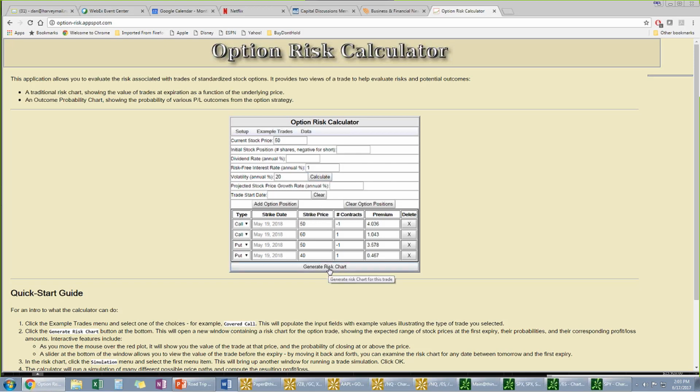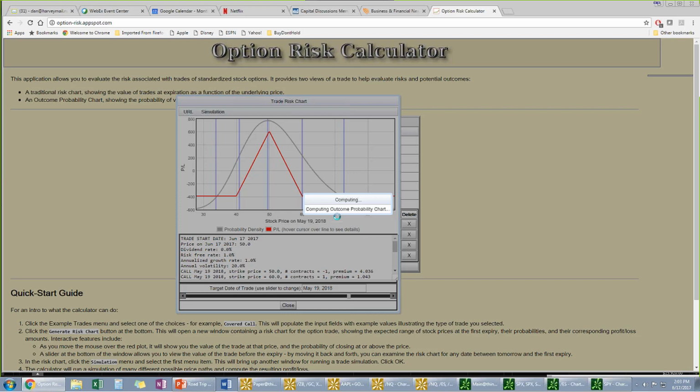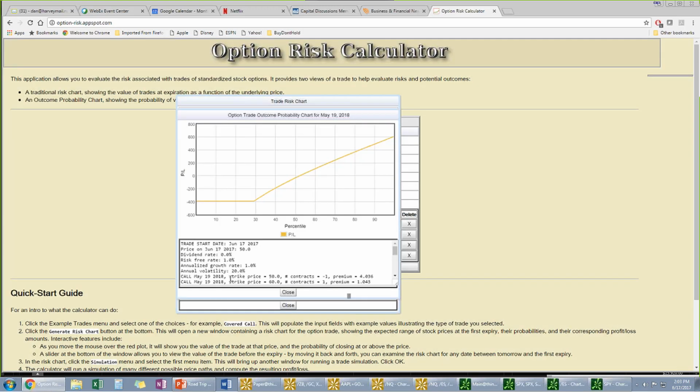And watch what happens when you generate the risk chart. So you've got the payoff curve. I mean, it sits entirely within the bell curve. And now take a look at the simulation. You come down here, and it's going to cost you $610. And you have a negative expected return, and the probability of break even is less than 50%.